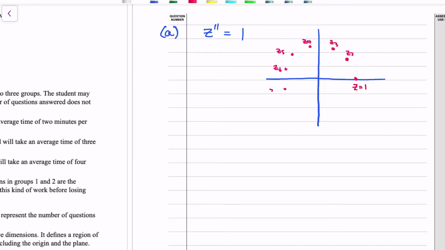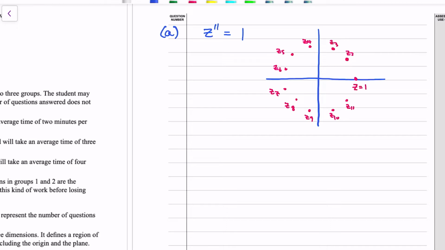Then down here, z to the 7, z to the 8, z to the 9, z to the 10, and z to the 11. So all the solutions are equally spaced around the origin, and they're all 1 away from the origin.